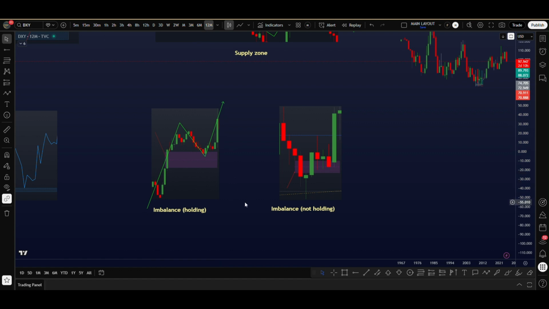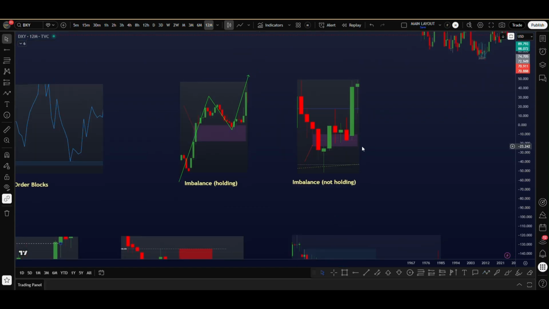This is the opposite in a bearish imbalance. In a bearish imbalance, sellers tend to dominate. But in this case, for example, sellers didn't win the fight, if I could say it like that.